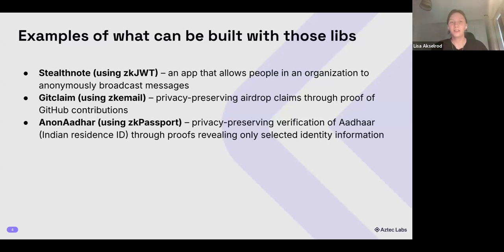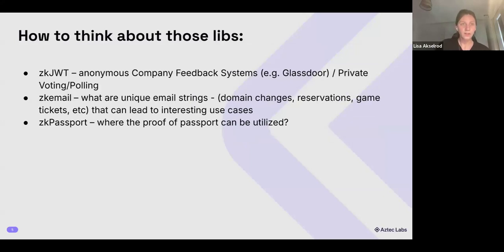It's proven that this person holds an Aztec email, but you don't know who that is and you can't learn it. Sabine, by the way, will have a workshop on Stealth Node soon. Or GitClaim, privacy-preserving airdrop claims through proof of GitHub contributions, or a proof of Indian residence ID with Aadhaar, privacy-preserving, of course.